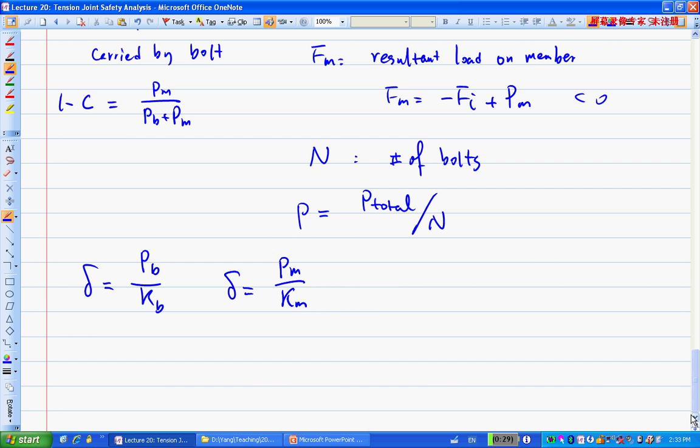If this is the case, we also have another relation: P equals PM plus PB. So we have three equations basically.